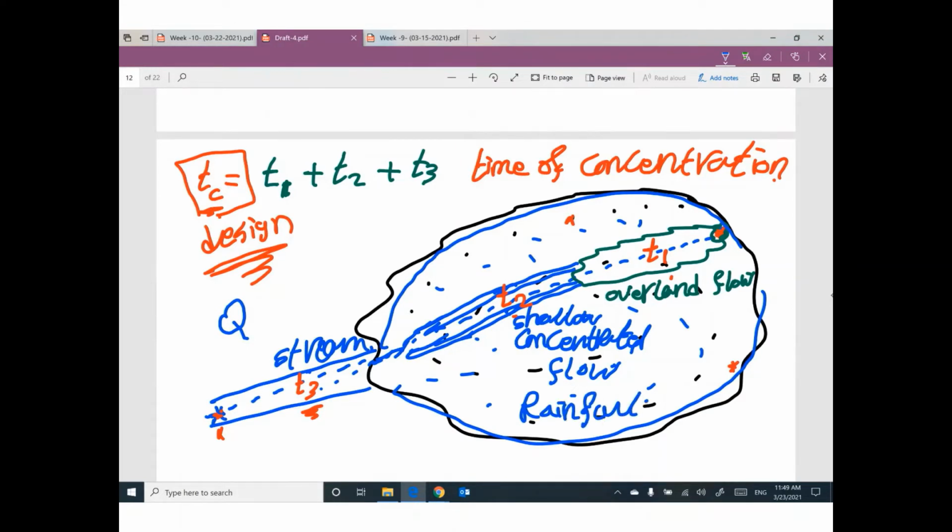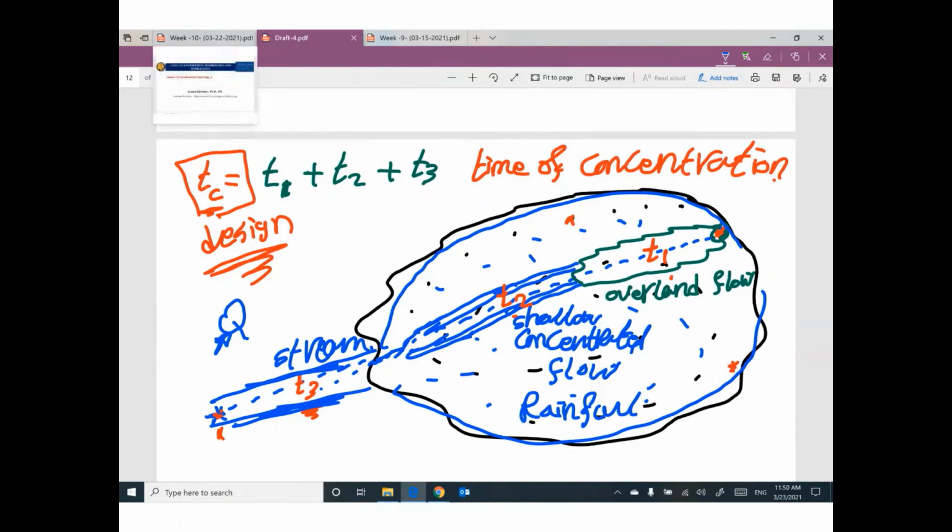Because if you can figure out what is the Q that needs to be collected by this stream, we can design it. We can go back to the first part of the course and we can design the stream.